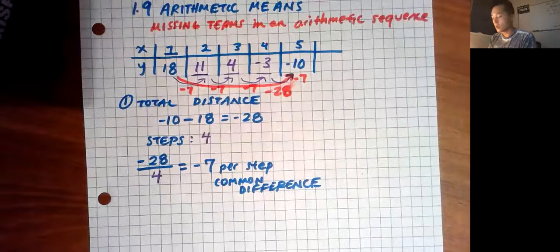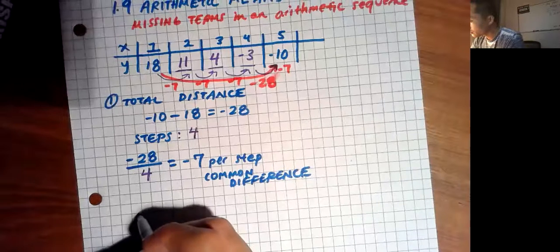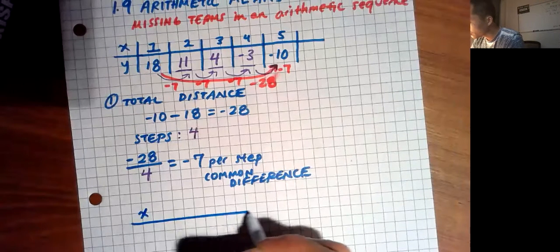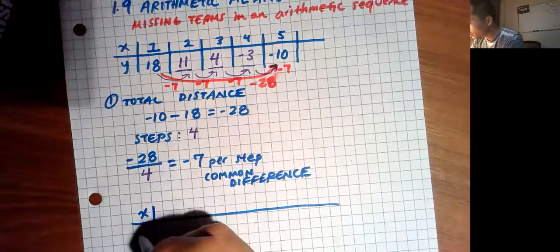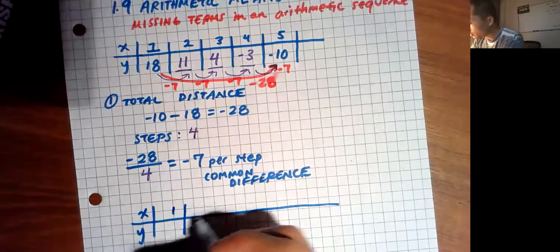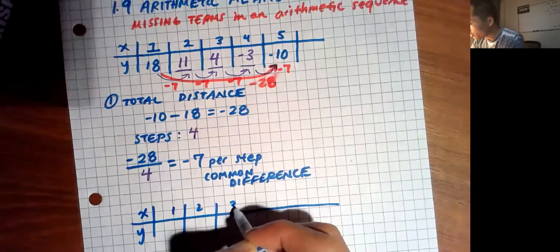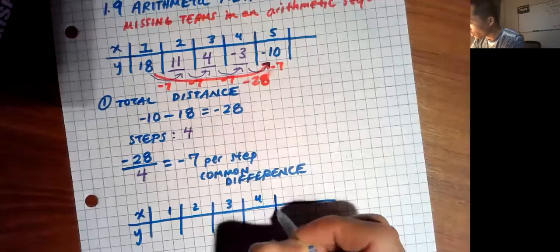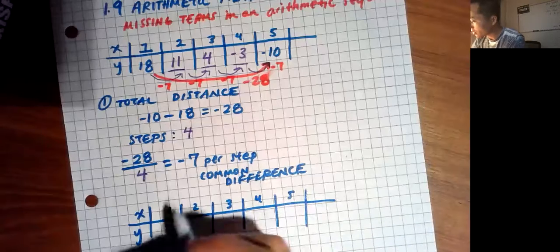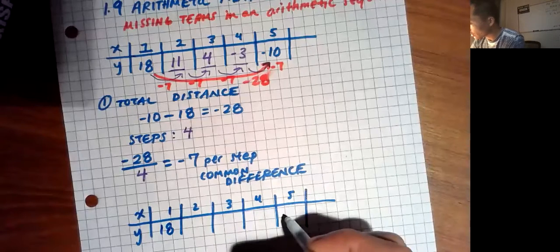Another way that you can solve this is by using an equation. Let's make the table again. Five steps: 1, 2, 3, 4, 5. Starting at 18, ending at negative 10.